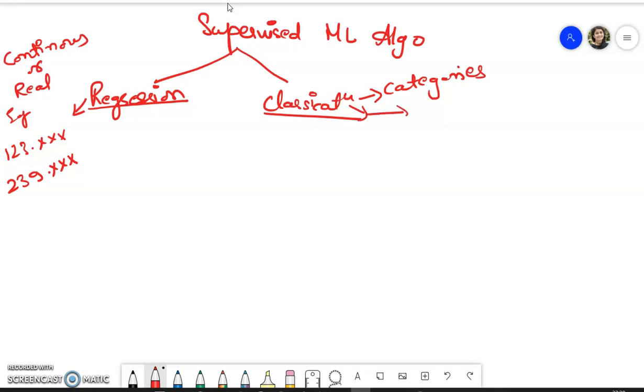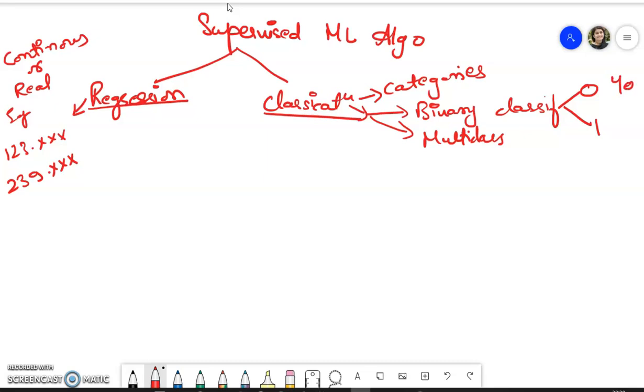Under classification, we have binary classification and multi-class classification. In binary classification, you will have two classes, that is 0 and 1. Sometimes we want to find out if a person is suffering from cancer or some other disease, and when we have to predict in the form of yes or no, then go for the classification technique.